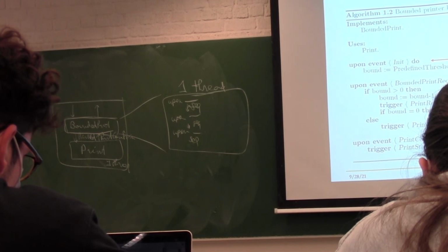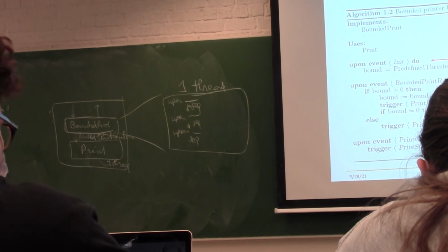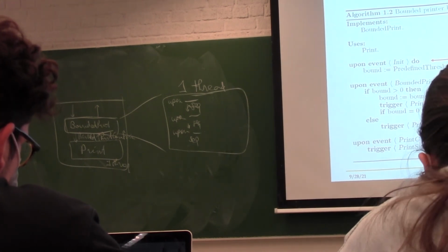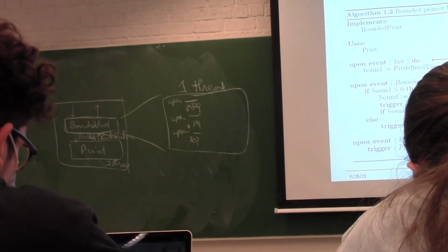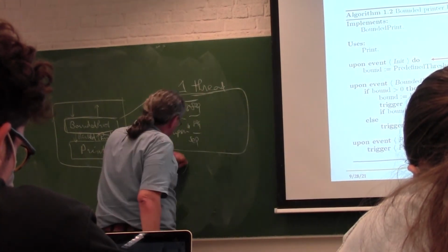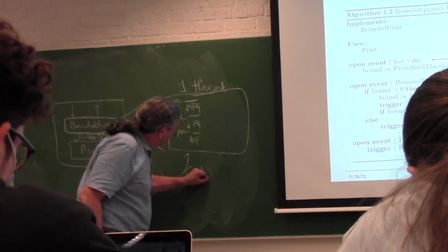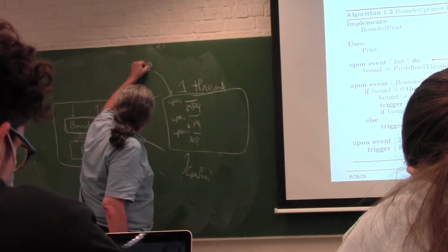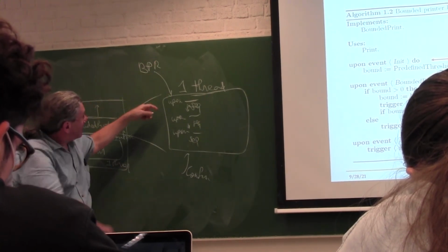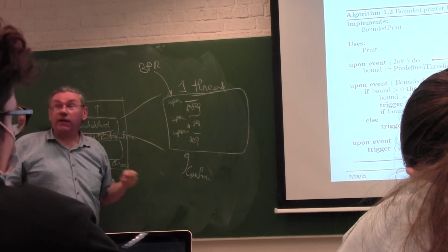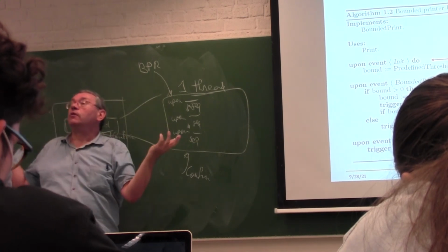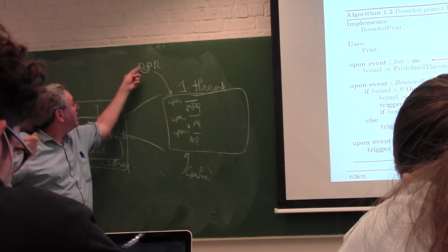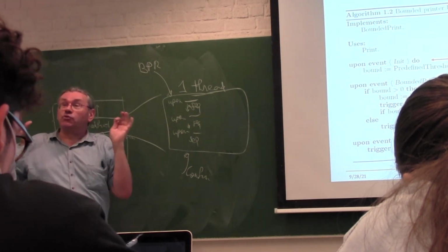A message might not be executed immediately, but it will eventually be executed, in any order. But these three upon events share one thread. So if I have a confirm and a bounded print request arriving, the scheduler will pick any one, execute it, and then pick the other. There's no guarantee of which. It's non-deterministic, so it's really a concurrent system.